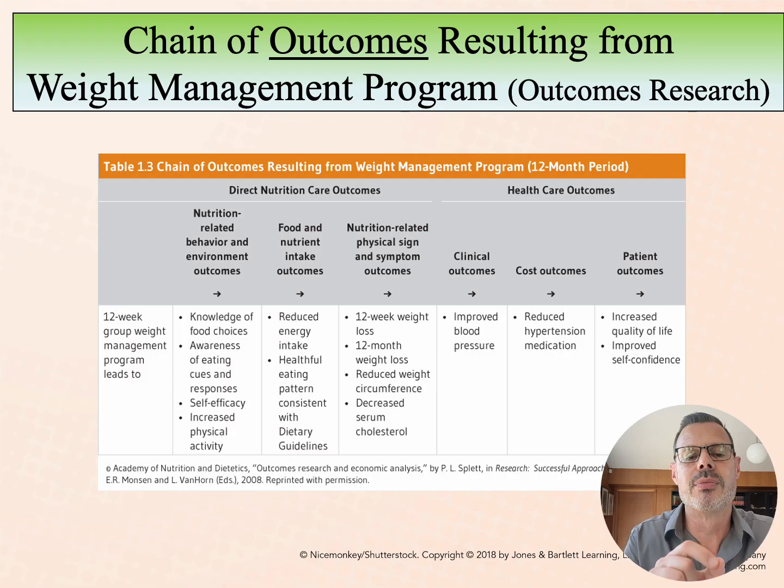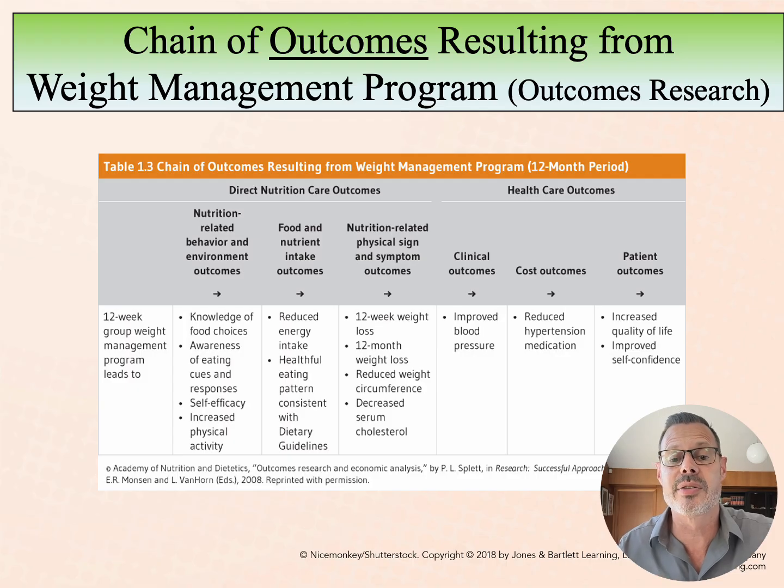So I move from knowledge to utilization. Now, as I'm utilizing, as I'm eating healthier, I get the nutritionally related physical signs and symptoms and outcomes. 12-week weight loss, 12-month weight loss, reduced waist circumference, decreased serum cholesterol.